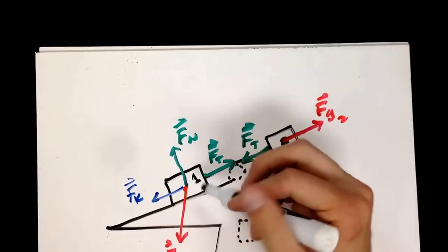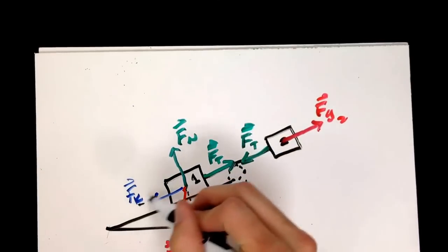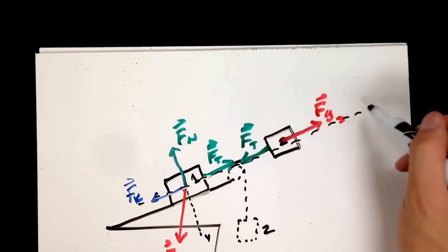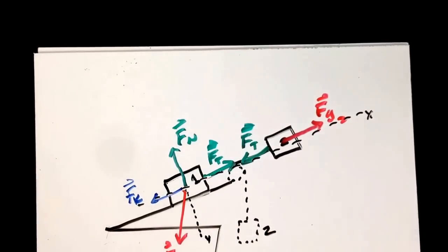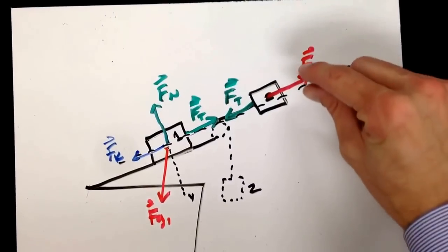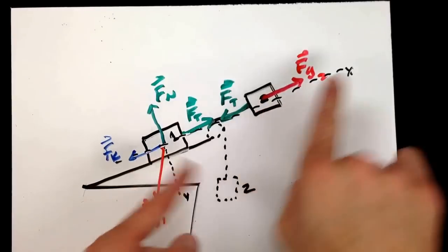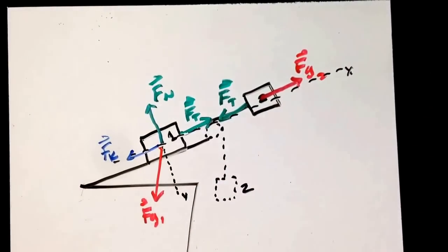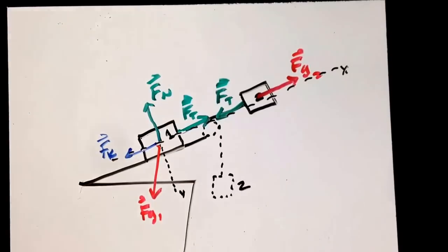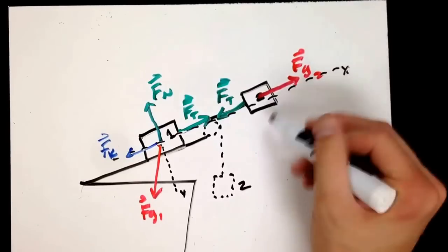Now, here is my y-axis, and there is my x-axis. So imagine gravity, this thing's weight, is just pulling it up the ramp. It's accelerating up. Now they're both moving together, which means they both share the same acceleration. So if you think about it, it only has an x acceleration.